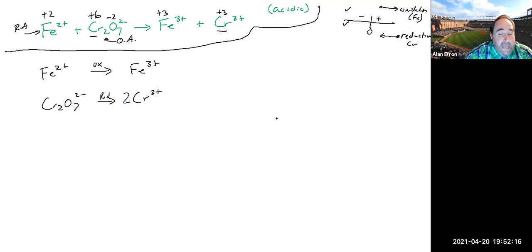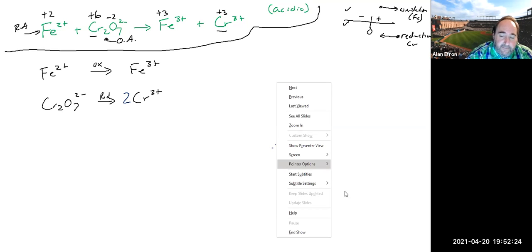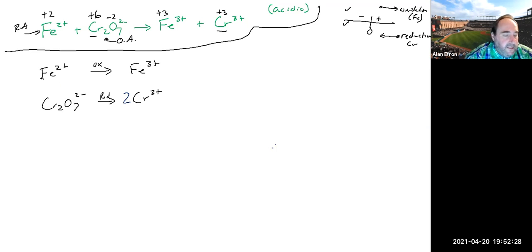Okay, next, now that we have balanced all of the elements except for oxygen and hydrogen, it is time to balance our oxygen. Looking at the top half reaction, there's not an oxygen to be found, which means we don't need to add water to either side. Again, you're adding the water to balance the oxygen.